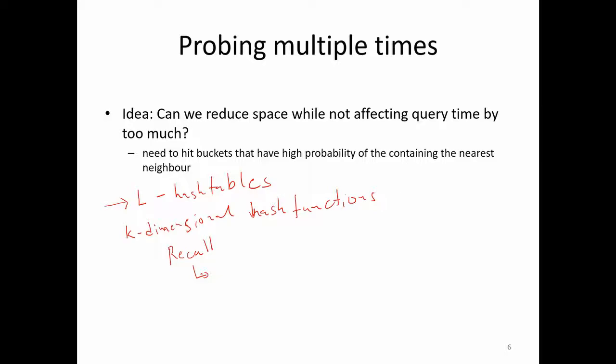If you remember, the formula was something like 1 minus p to the power k, and then 1 minus this to the power L, where p is the probability that a nearby data point falls to the same bucket.